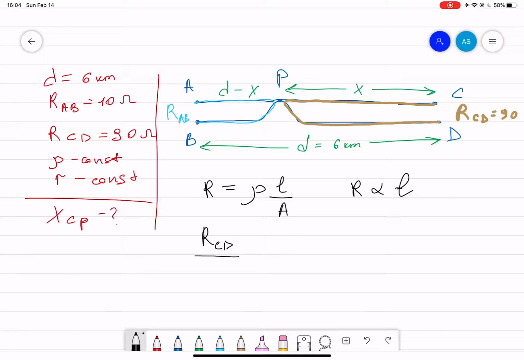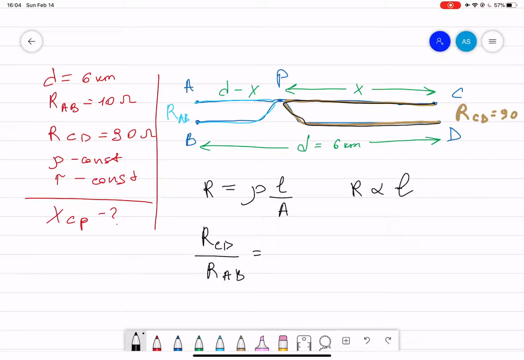So then I think we can just say that RCD divided by RAB is equal to... as you know, this distance D is 6 km, but however when you measure the resistance between CD, we can say that the X distance has to be multiplied by 2 because of the two wires.